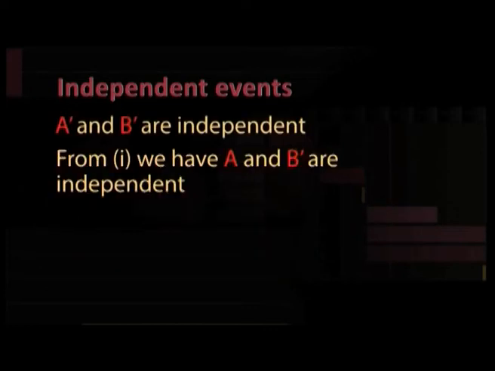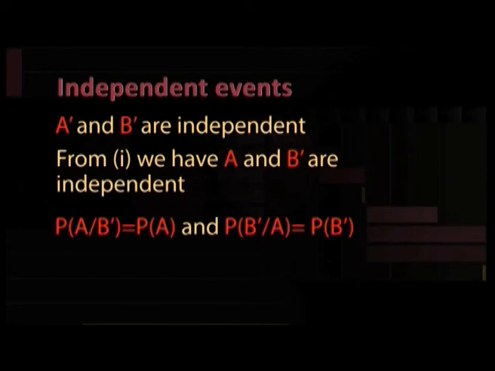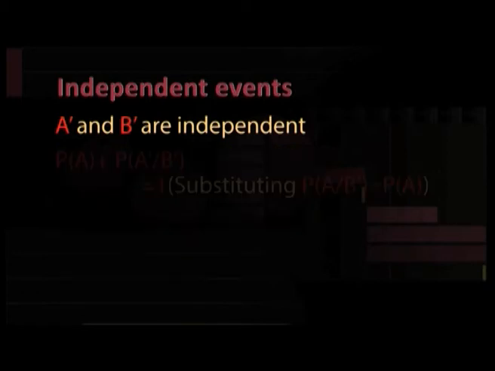From 1 we have A and B complement are independent. Therefore, probability of A given B complement is equal to probability of A, and probability of B complement given A is equal to probability of B complement. Therefore, probability of A given B complement plus probability of A complement given B complement is equal to 1.